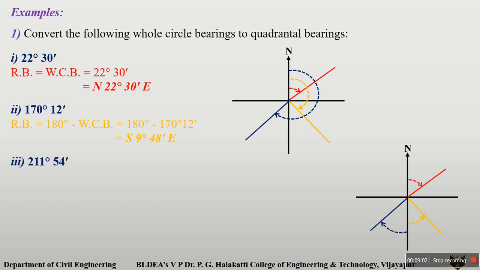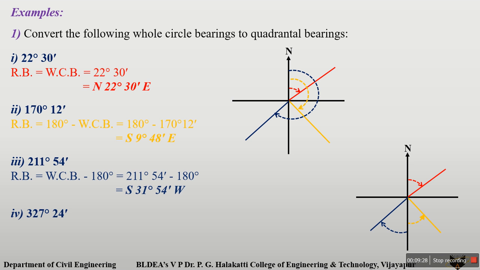In that condition, the RB formula will be RB is equal to WCB minus 180. Put in the WCB value minus 180 degree like this, then we'll get the RB value, that is south 31 degree 54 minutes west.